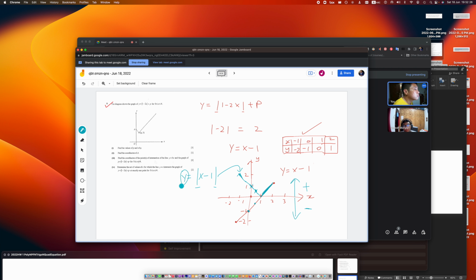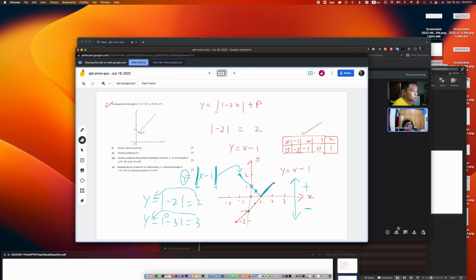The x can be negative, because the modular sign will affect the value of y only. You can see it will be 2, so y equals to 2. Then it will be 3. So it affects the value of y only.